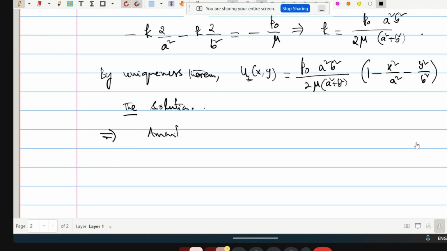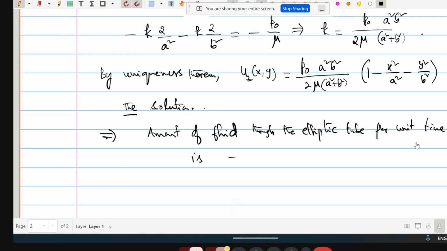Amount of fluid through the elliptic tube per unit time. What is that? It is equal to, it's a flux, right?